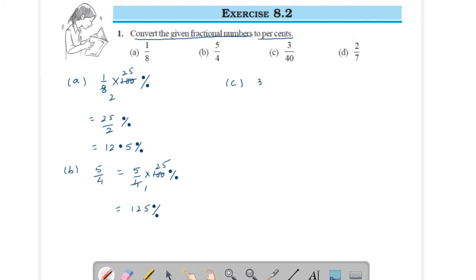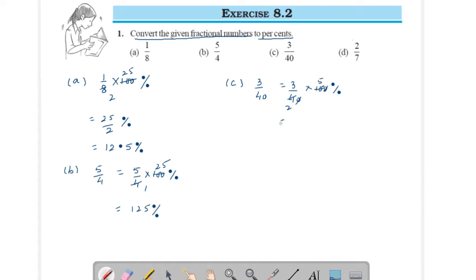Now come to C part. 3 upon 40. This can be written as 3 upon 40 into 100%. Here simplify it. We can cancel 10 by 10 by 2. 2 2 and 2 5 0.